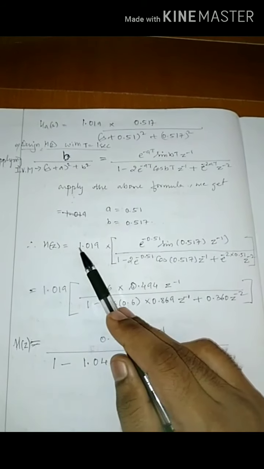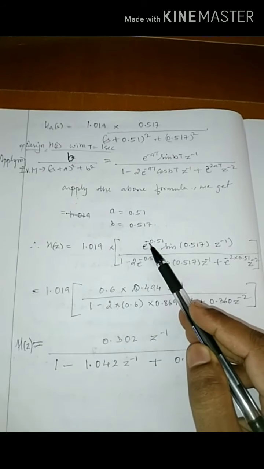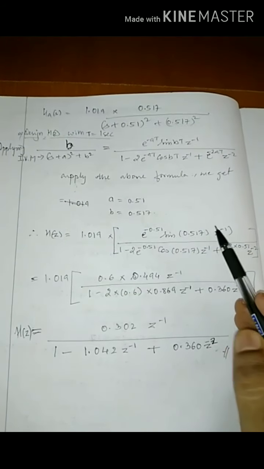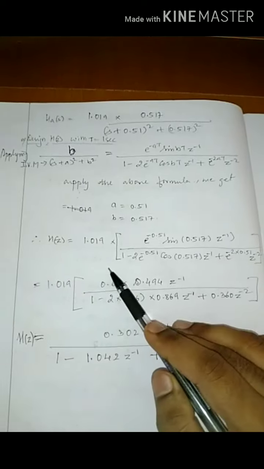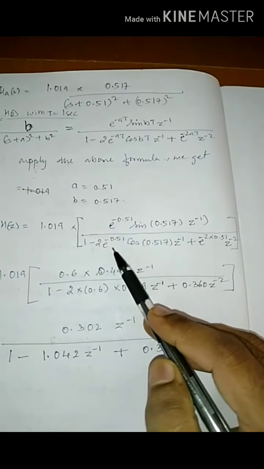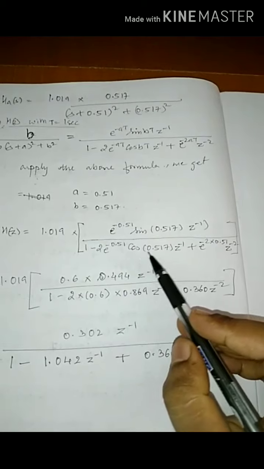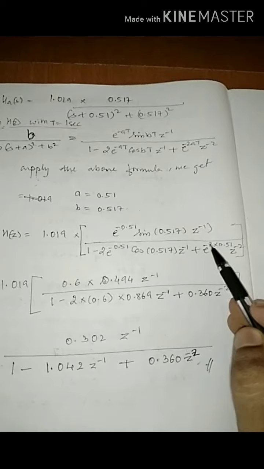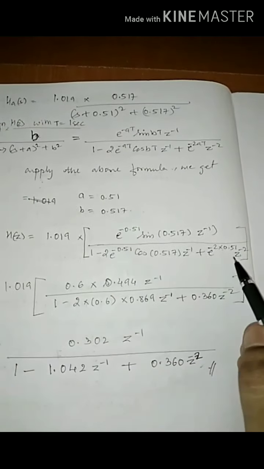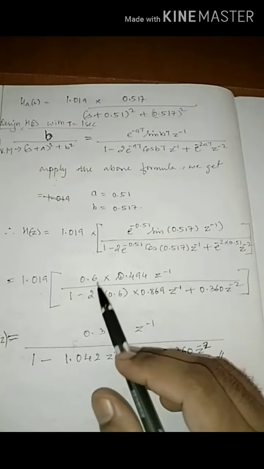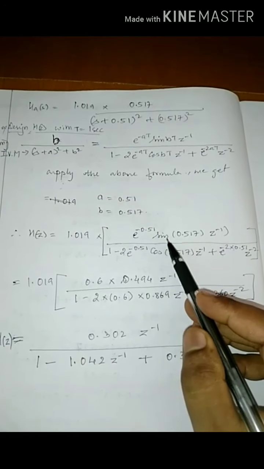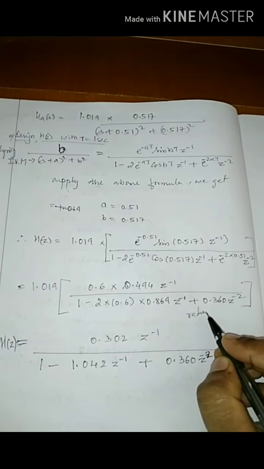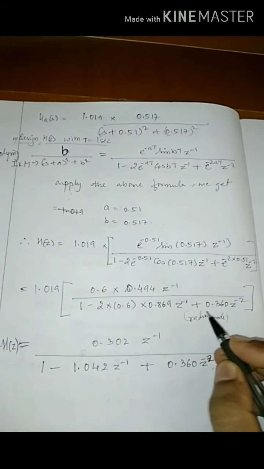So we get H of Z is equal to 1.019 into e raised to minus 0.51 into sine of 0.517 into z raised to minus 1 divided by 1 minus 2 into e raised to minus 0.51 into cos of 0.517 z raised to minus 1 plus e raised to minus 2 into 0.51 into z raised to minus 2. Again, when you are calculating the value of sine and cos, you have to keep the calculator in radian mode.